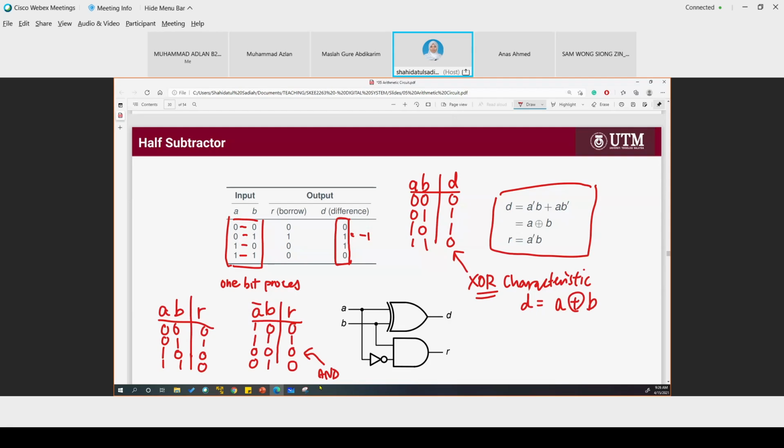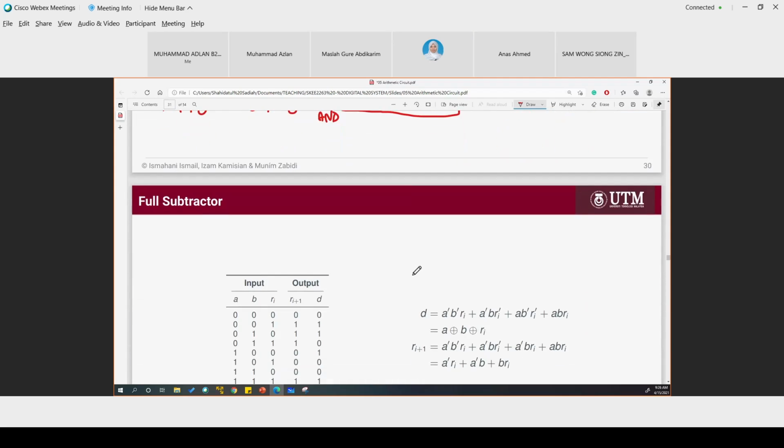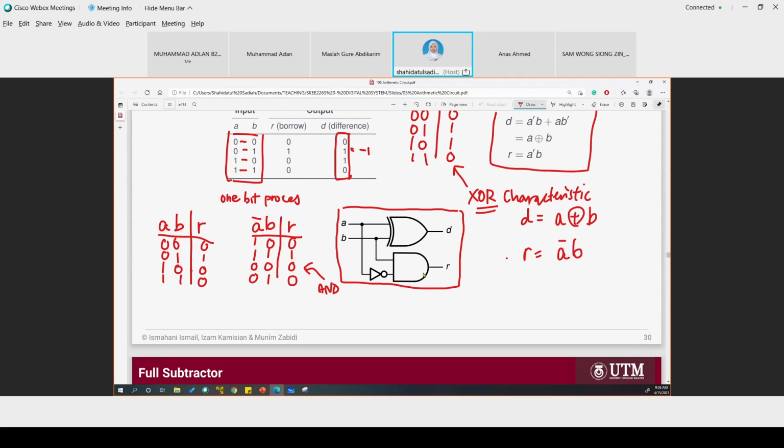So we have R equal to A bar B. The realization of the half subtractor will look like this. I said half adder earlier, but this is the half subtractor. The difference from the half adder is that we have an inverter here to invert A.